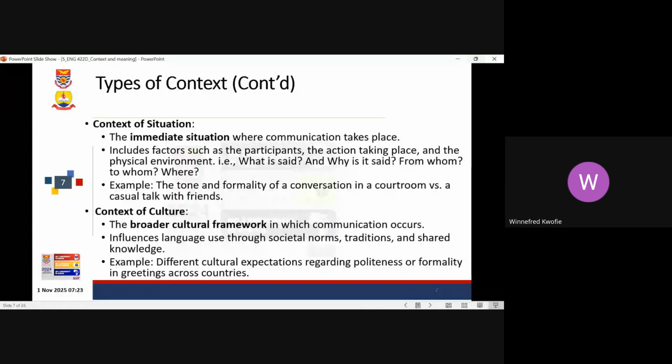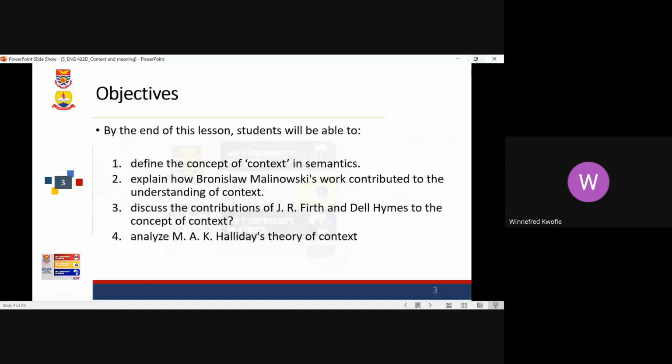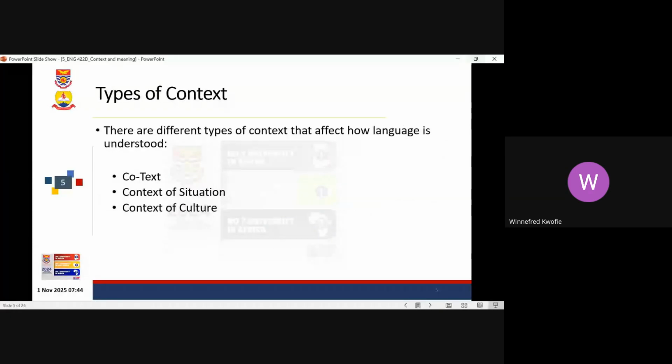So yes, I started looking at context. And then we saw that when you talk of context, you are looking at the environment within which something is said or an utterance is made. It's that environment that will help your utterance or the text to be understood. The environment will influence the meaning of what is being said. Then we look at types of context: context of situation, context of culture.